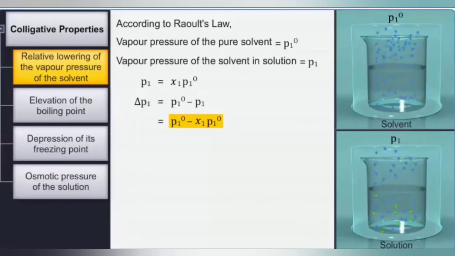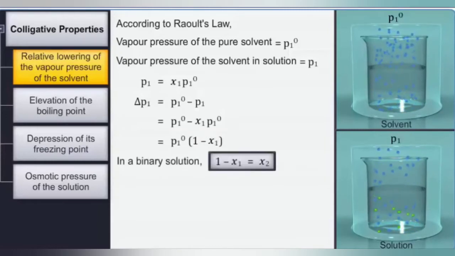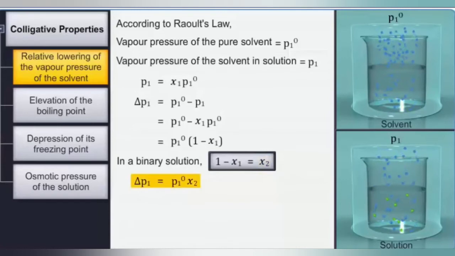Taking P1° common, we get ΔP1 = P1° × (1 − X1). In a binary solution, 1 − X1 is equal to X2, that is the mole fraction of the solute. Therefore, the lowering in vapor pressure ΔP1 = P1° × X2.